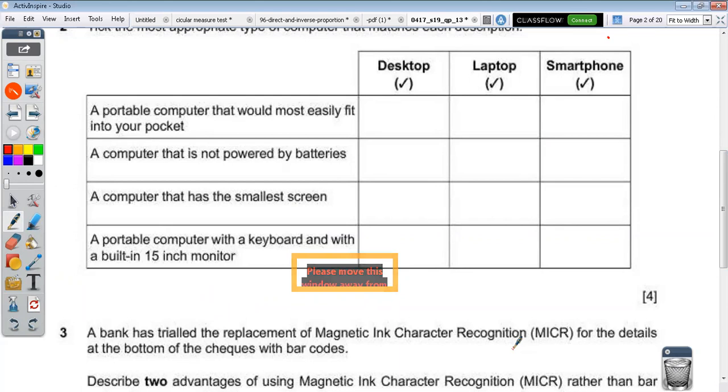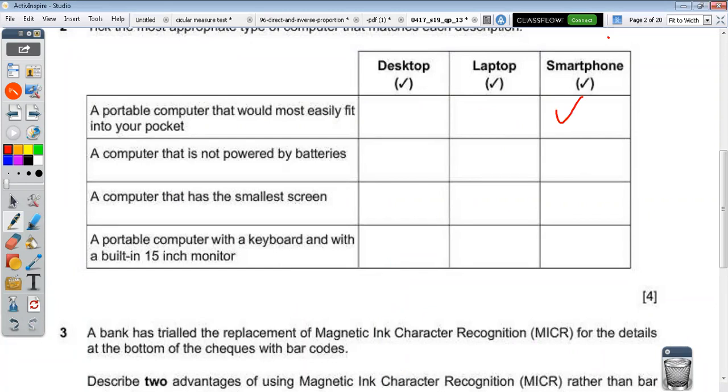A portable computer that would easily fit into your pocket. What is it? Nyasha, what's the answer then? Are you there? Yes, sir. Smartphone.